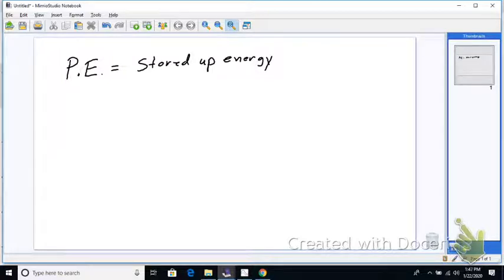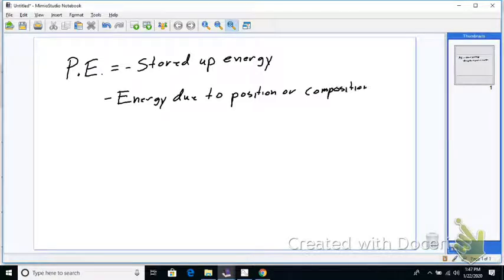It's energy due to position or composition. So you've got something spring-loaded, it's got stored up energy because of its position.